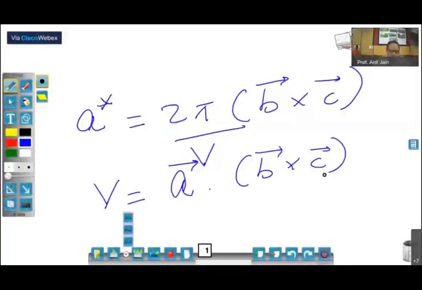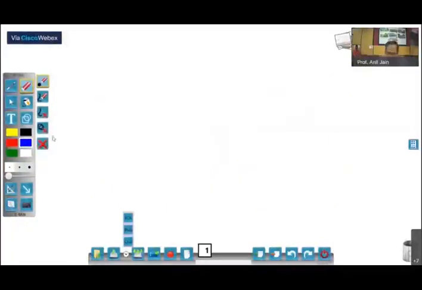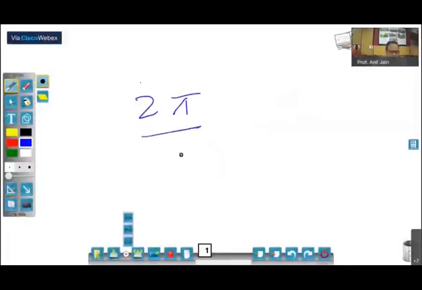So if I am in the orthorhombic system, this becomes A, B and C. So my A star is nothing but 2 pi by A. So try to keep this always in mind: if your lattice constant in real space is larger, then in the reciprocal space it will be smaller.